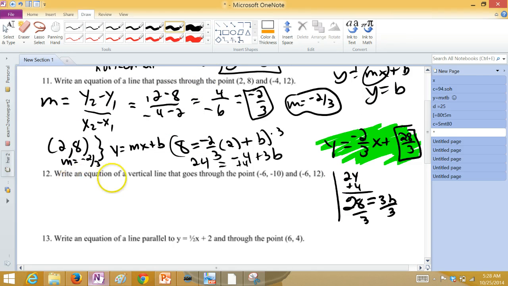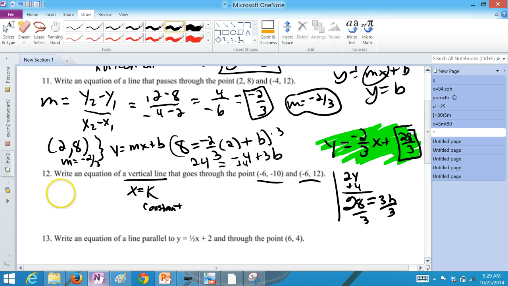Okay, now write an equation of a vertical line that goes through these 2 points. A vertical line has equation x equals some constant, because a vertical line lets the y be anything you want it to be, but the x is stuck at some constant.